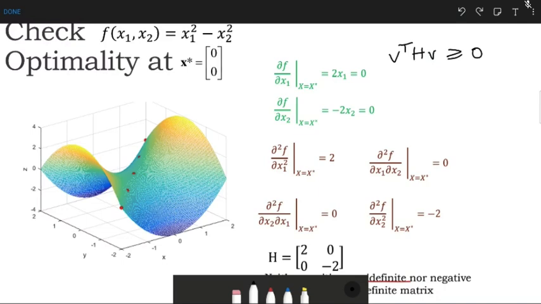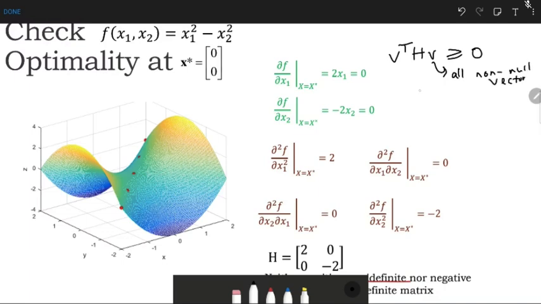Since we are running out of time, you just look into this. This is the definition for matrix H being positive semi-definite, and V should be all non-zero, non-null vectors.